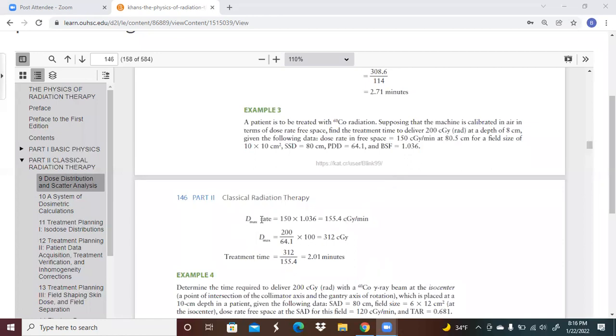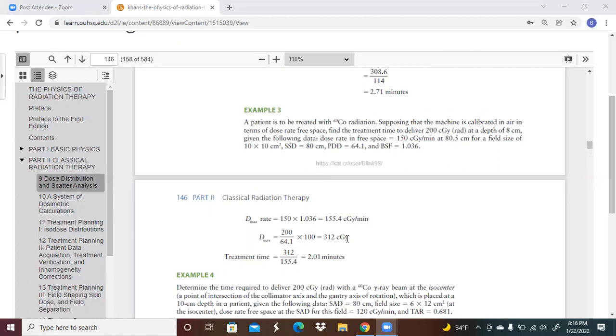So the D max rate is going to end up being 150 times the backscatter factor, so it ends up being 155.4 centigray per minute. The D max dose is going to be 200 divided by the PDD at the depth that we're looking at, multiplied by 100, of course, because this is supposed to be a percent.